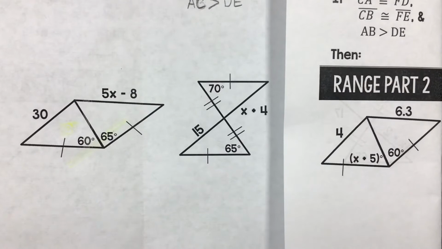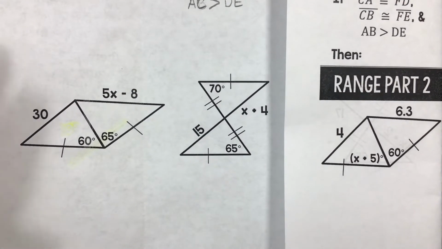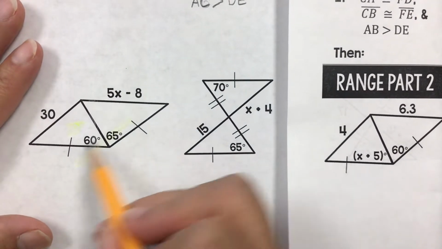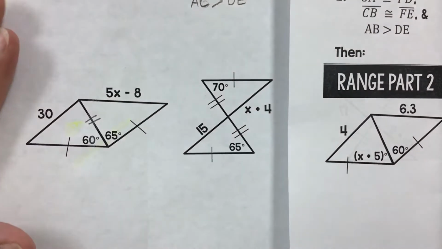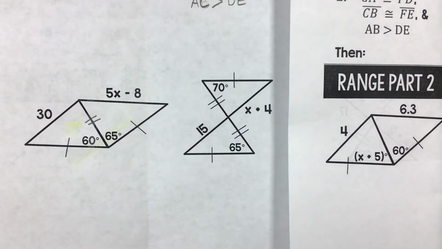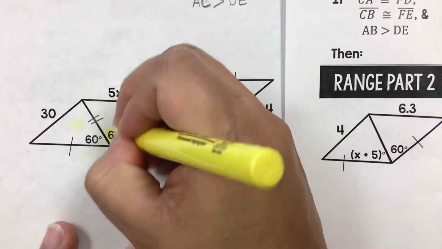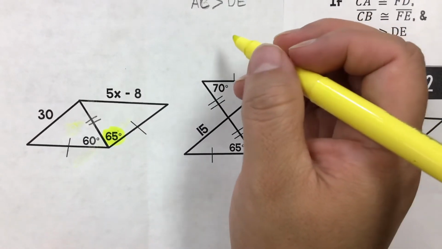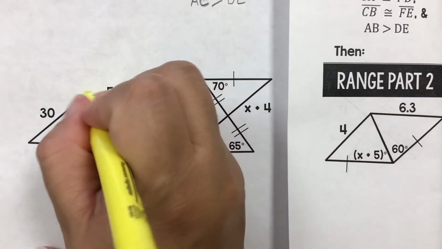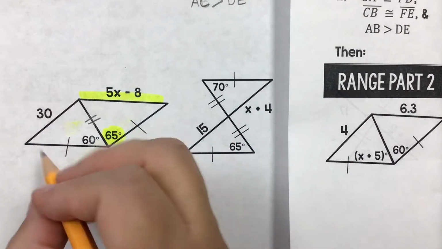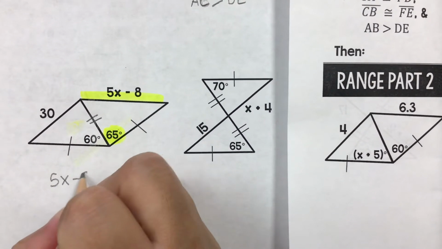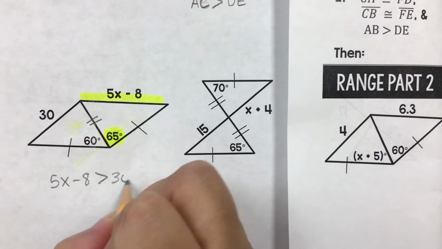All right, so an application to this would be that these two sides are equal. They give you an included angle, and these are the reflexive properties, so that it's the same on both triangles. 65 is greater than 60. That means that this side is greater than 30. So we write 5x minus 8 is greater than 30.